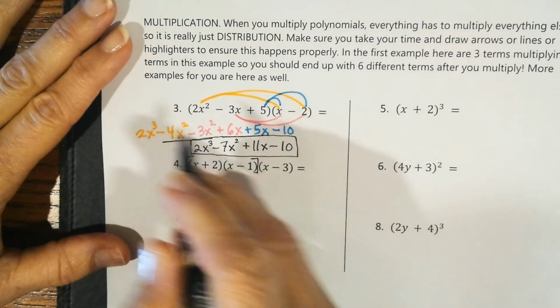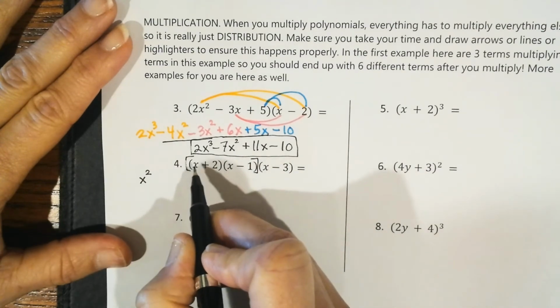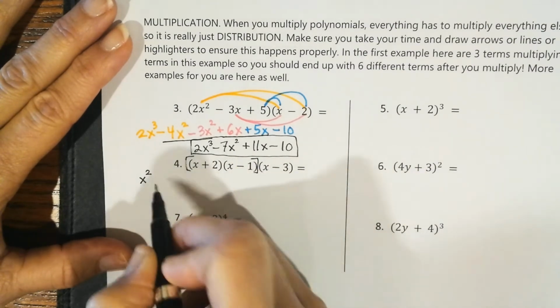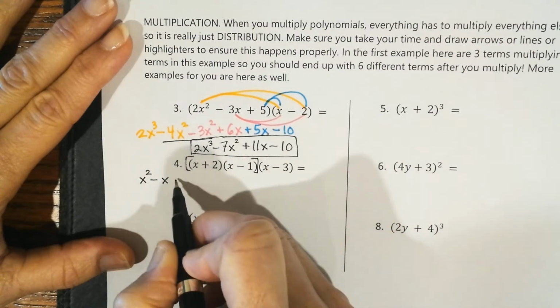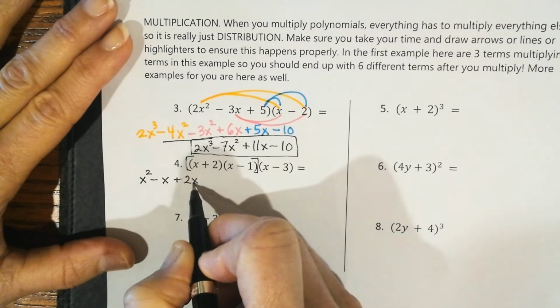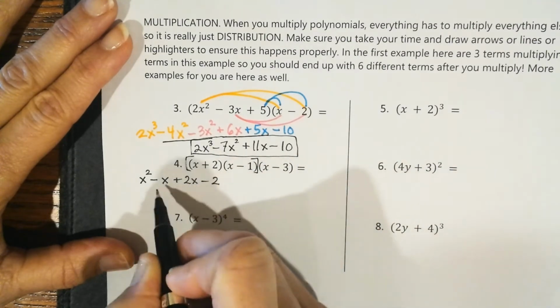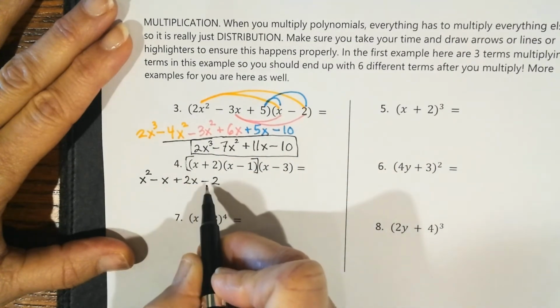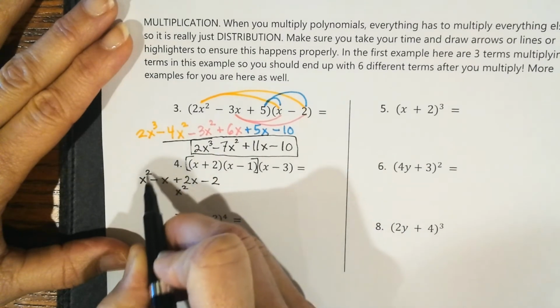So the first 2 are x times x. The outsides are x times minus 1, so that's minus 1x. The insides are plus 2x. And then the last two are minus 2. So these two multiply to give me this, and this combines to x squared.